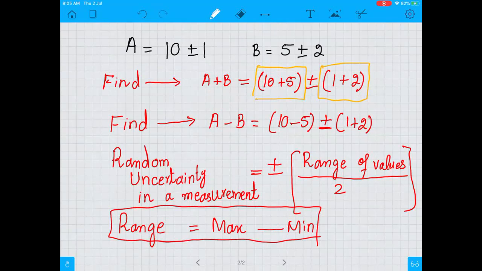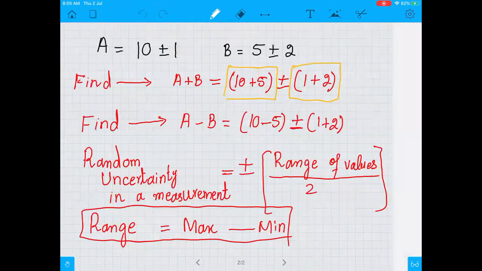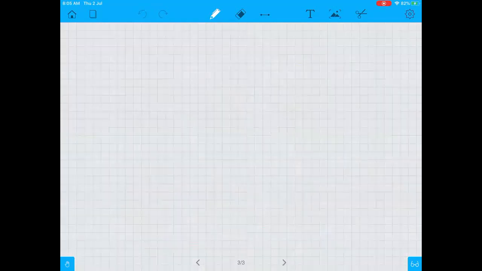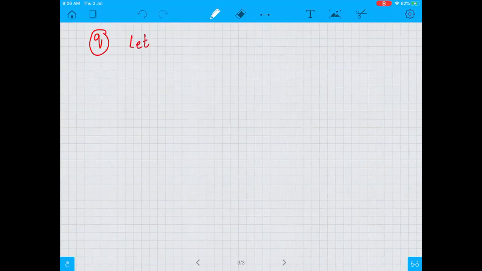Now let's look into why we are adding uncertainties while subtracting the values. Just for example, if the examiner asks you, let's suppose x is equal to a minus b. So x is the difference of a and b.